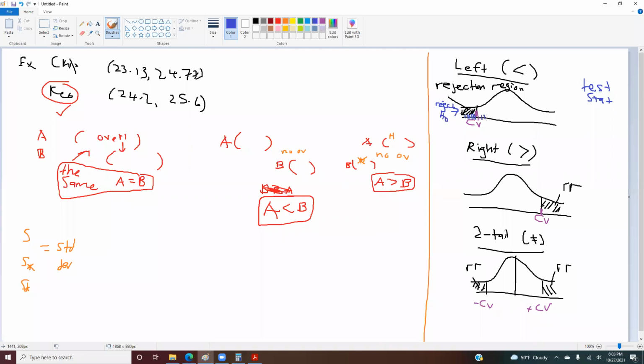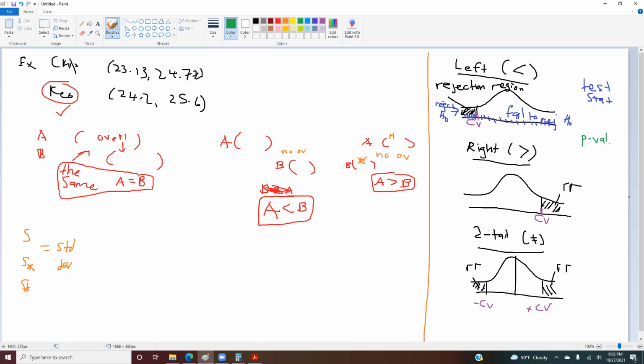However, if your test statistic falls inside this area, which is called the accepted region, then we fail to reject your null hypothesis. So this is how you test a hypothesis: based on the rejection region, the critical value, and the test statistic, whether it falls inside or outside the shading area. It is also based on the p-value.